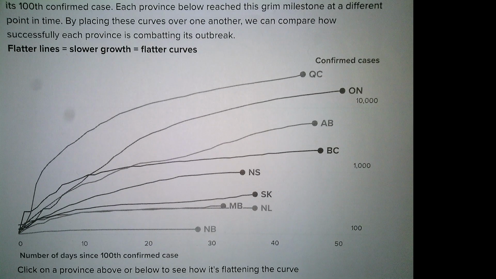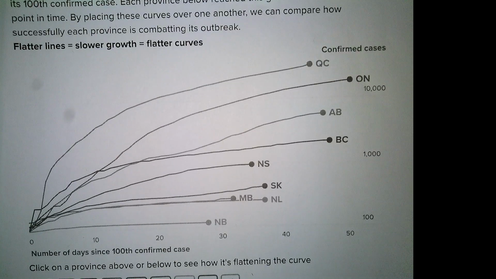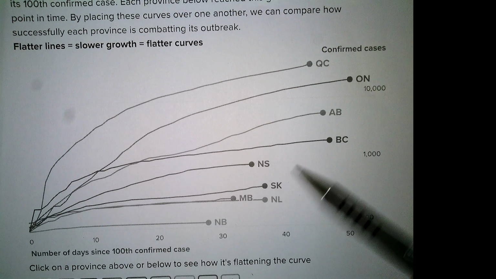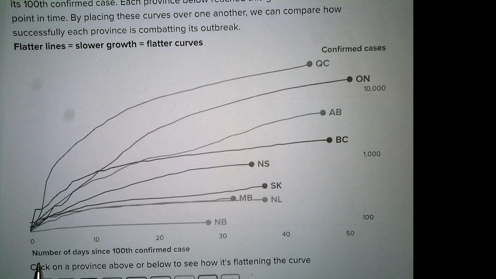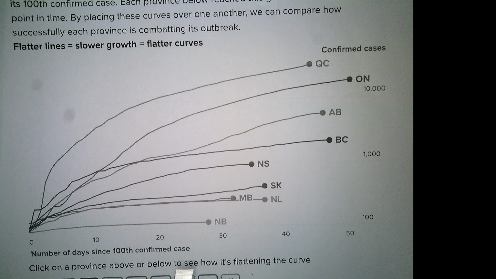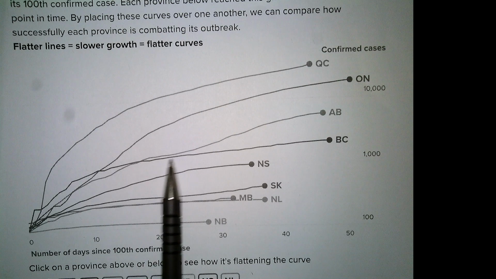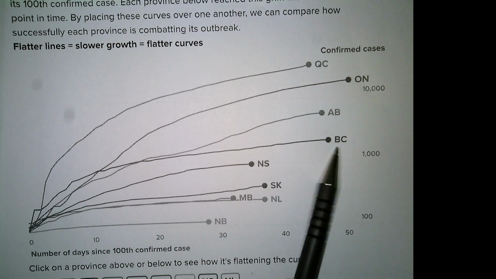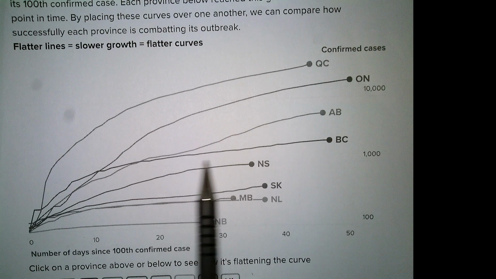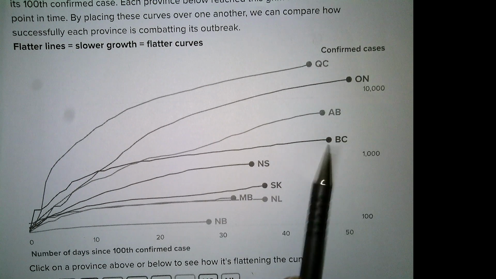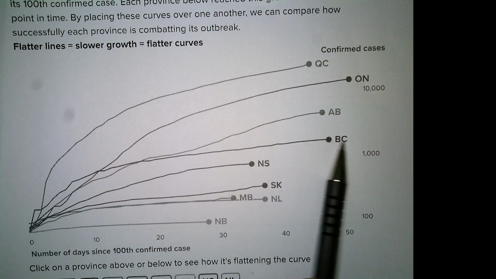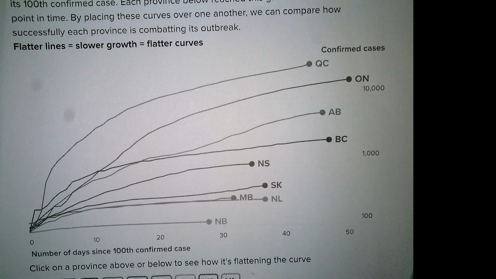This is the number of cases of the virus compared with the number of days since the 100th confirmed case. For BC, you see the curve. Right now in this province, the increase in the number of cases day by day is almost flattened.